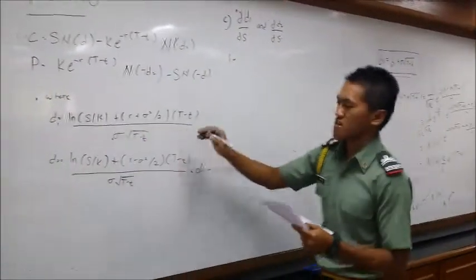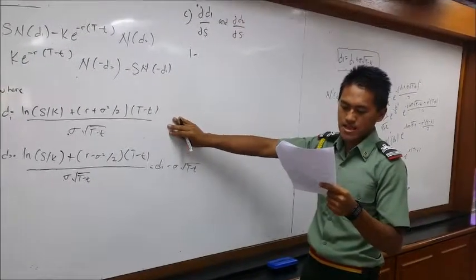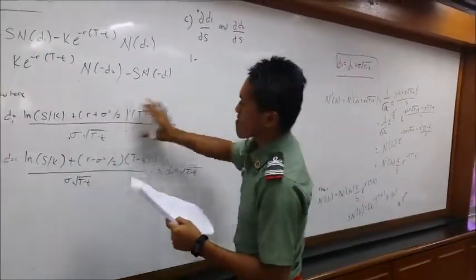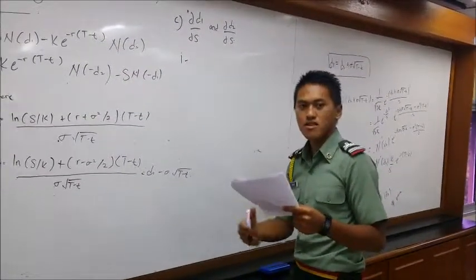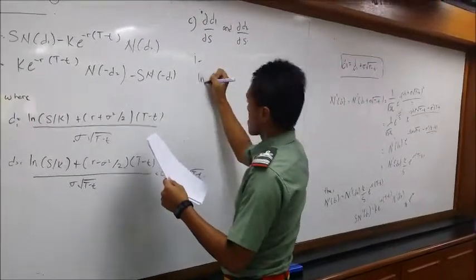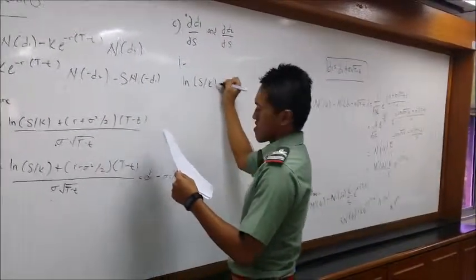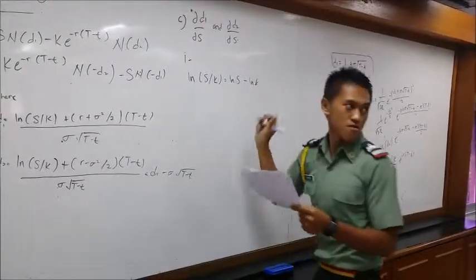d1 equals ln S over K. We must separate this. We use the logarithm formula: ln of S over K equals ln S minus ln K. Everyone knows this, right?